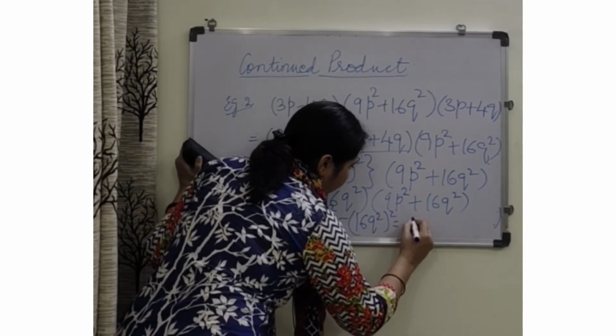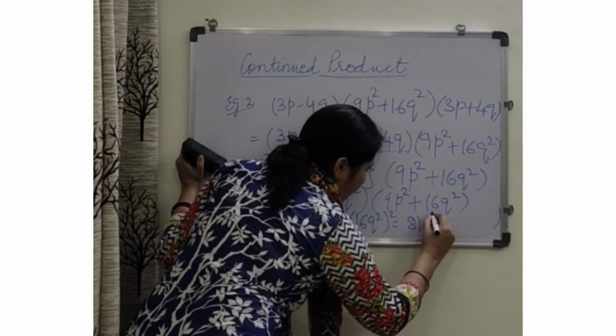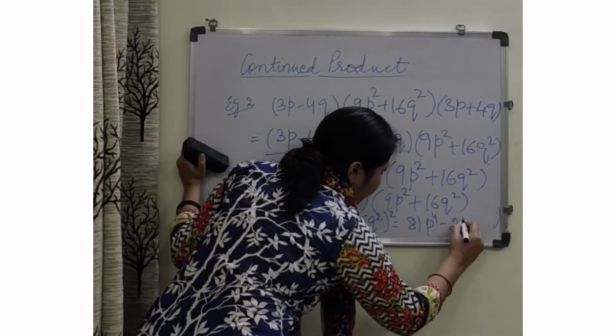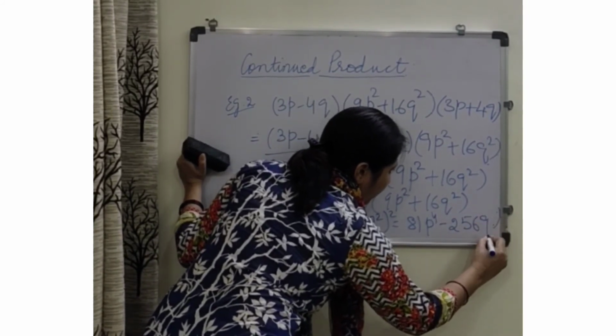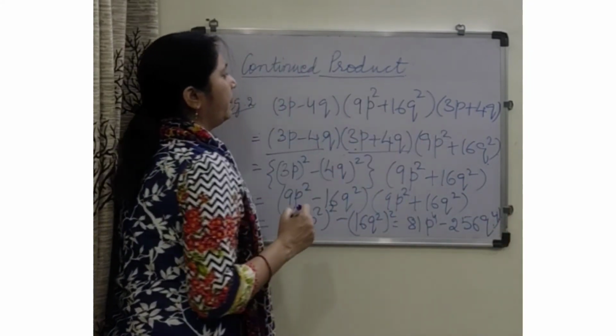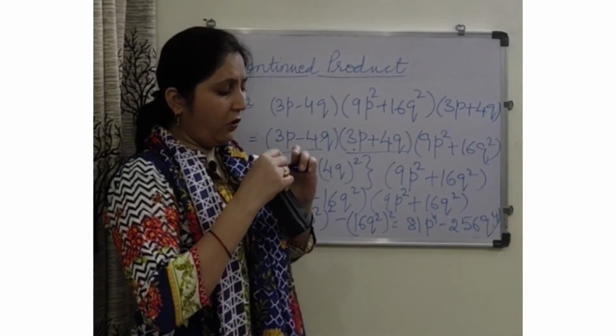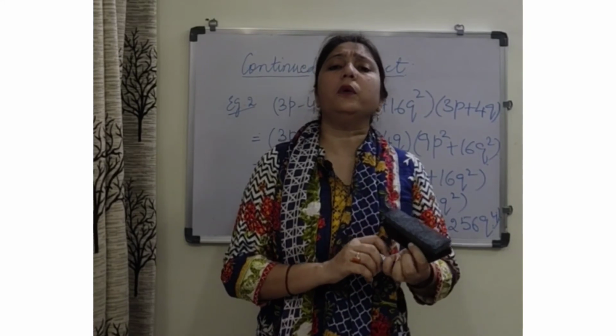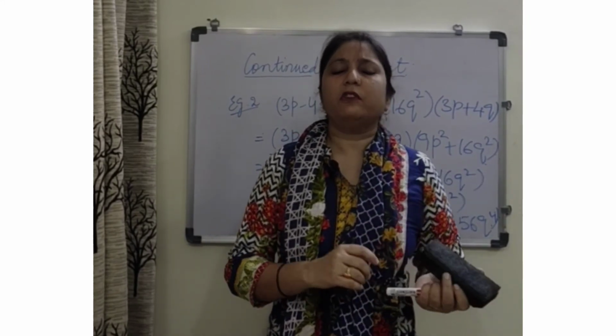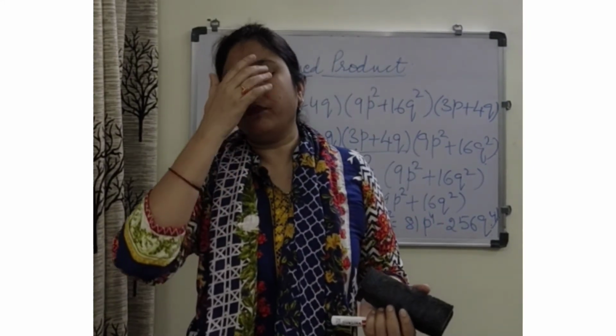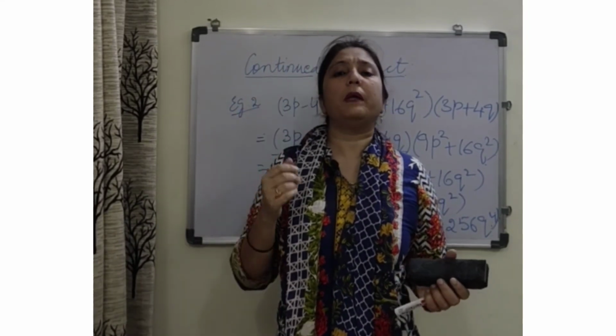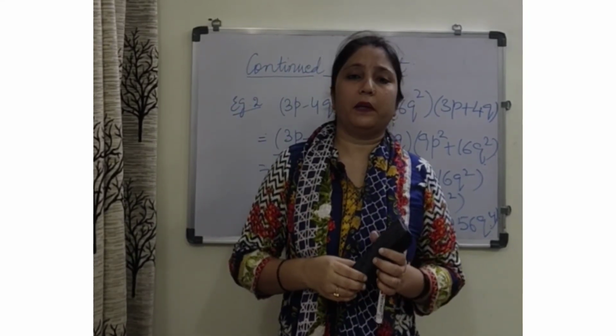So it is 81p to the power 4 minus 256q to the power 4. This is how we perform continued product, which is the application of the identity a square minus b square.